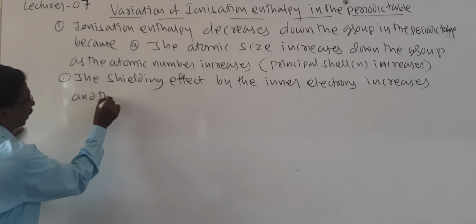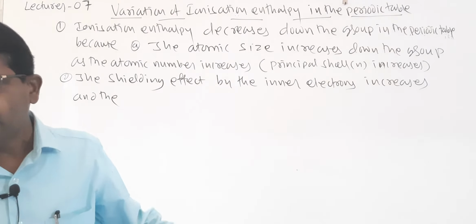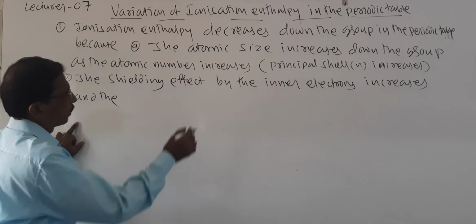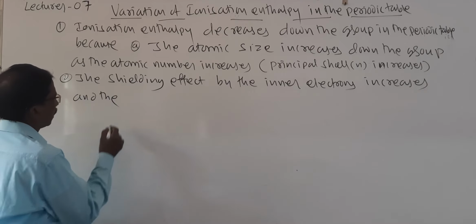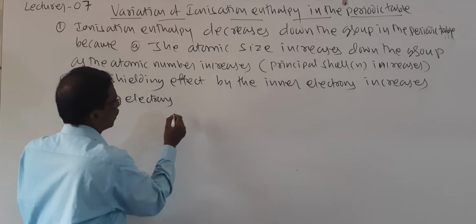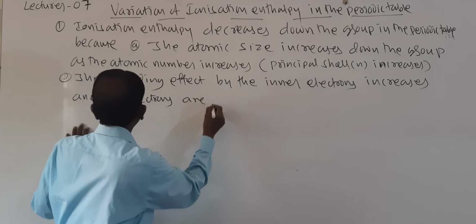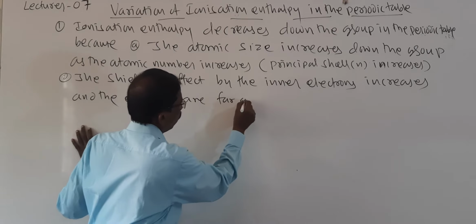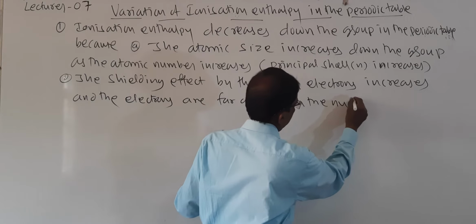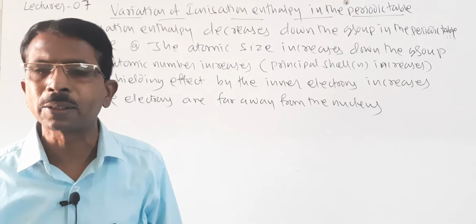The electrons present in the outer shell are far away from the nucleus. The attraction between the electrons and the nucleus decreases.